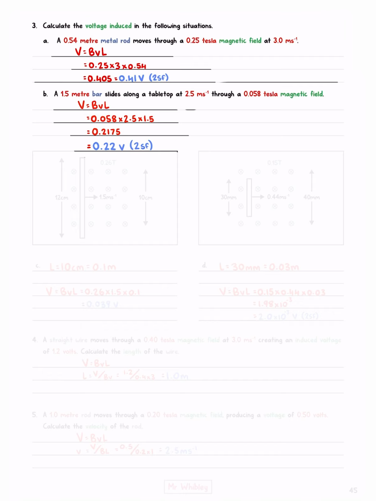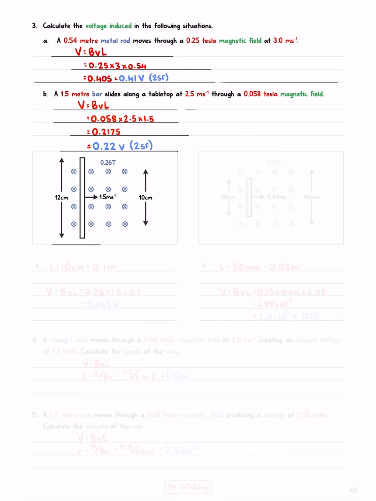Our next example is a diagram showing a magnetic field going into the page, which has a height of 10 centimeters. The strength of our field is 0.26 Tesla. We have a 12 centimeter rod, which is traveling at 1.5 meters per second towards the right. The trick here is to make sure you choose the correct length.